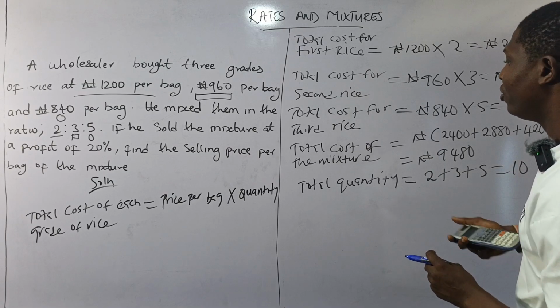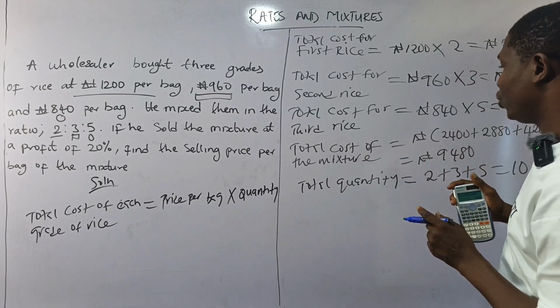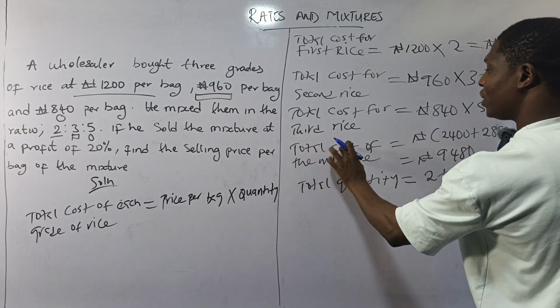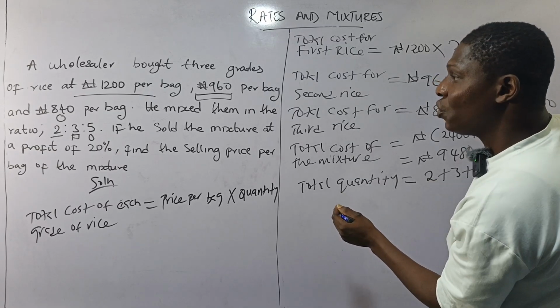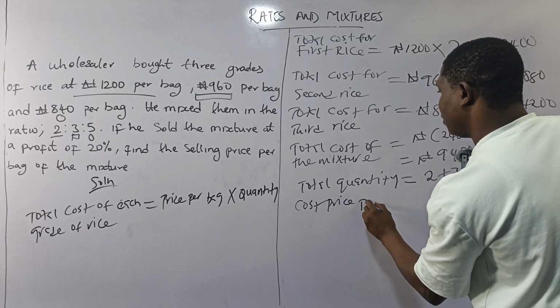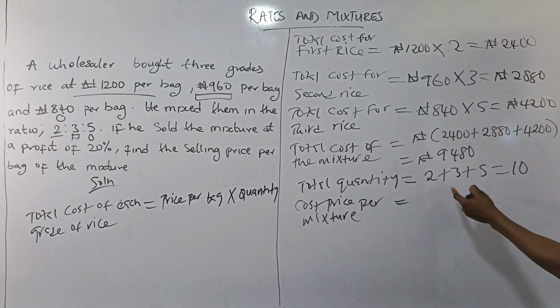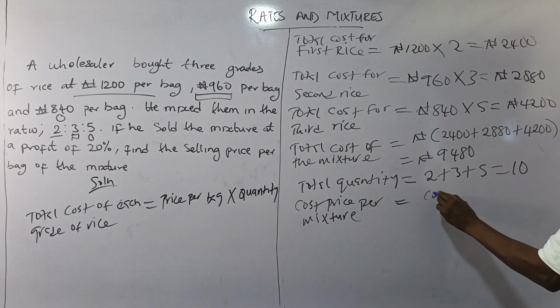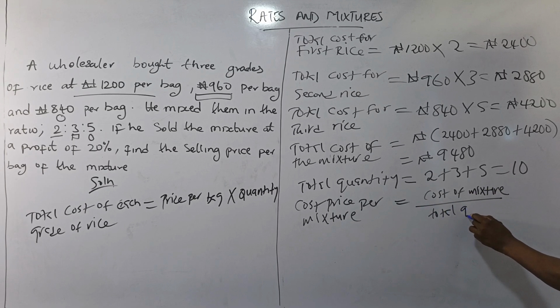Now, if you want to know the price at which a bag of rice should be sold, we simply get the total cost of the mixture divided by the quantity. So cost price per mixture will be equal to cost of mixture all over total quantity.